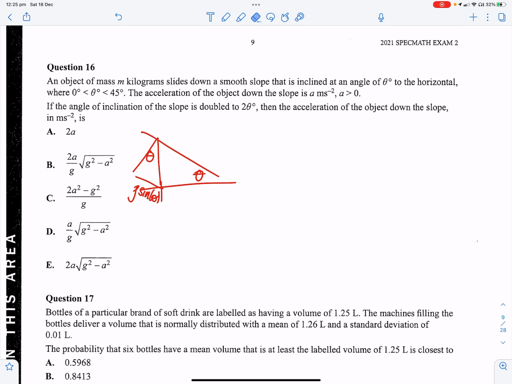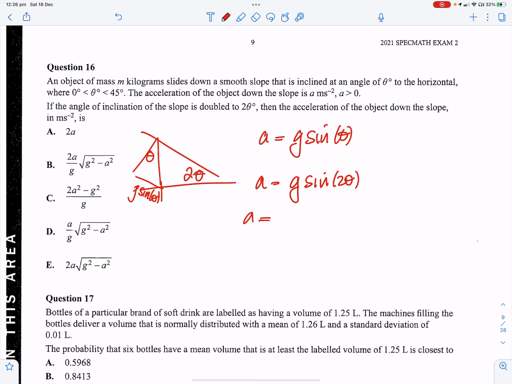G sine of theta, so acceleration is g sine of theta. If we double the angle, that angle is going to become 2 theta, so A is g sine 2 theta, which we know is 2g sine theta cos theta.